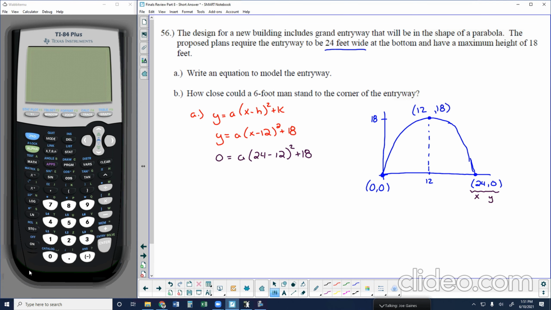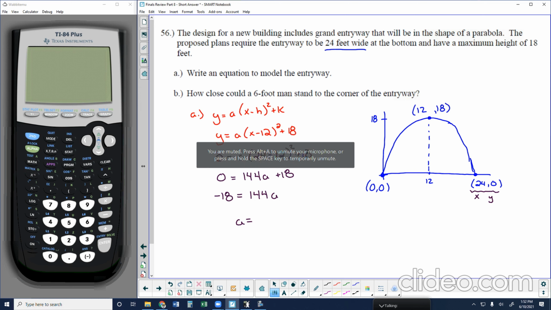Once I have completed the substitution, the equation becomes 0 equals a times 24 minus 12, which is 12, and 12 squared is 144. So 0 equals 144a plus 18. Then I can subtract 18 and divide by 144 to get a by itself.